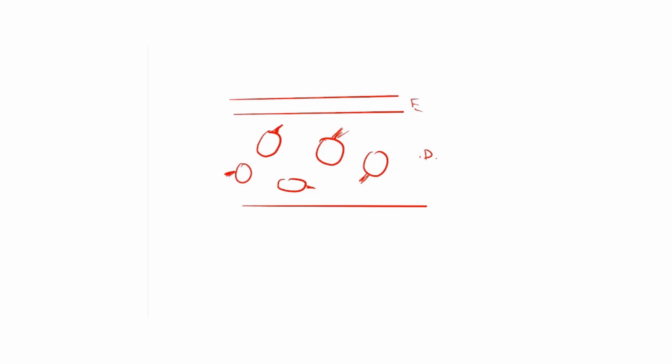Okay, so let's see what it looks like. This is the epidermis and the dermis, right? So these are the nodules or ducts, and you will find these tail-like projections which are found on one end only.